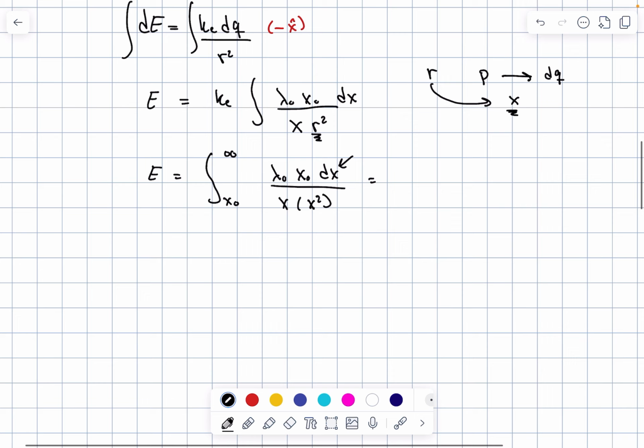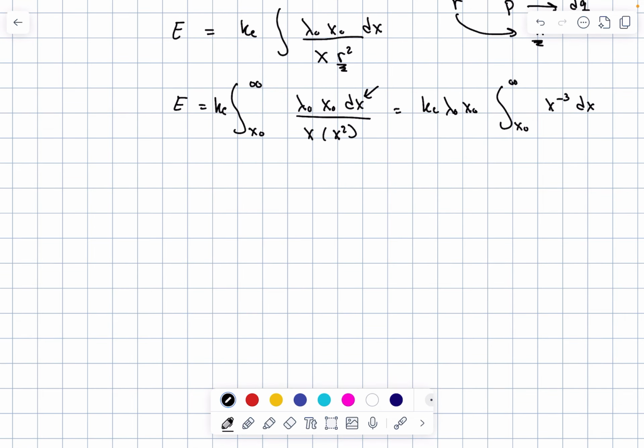Writing that out nicely, we keep ke, lambda naught, which is a constant, and x naught, which is a constant, times the integral from x naught to infinity of x to the negative 3 dx.